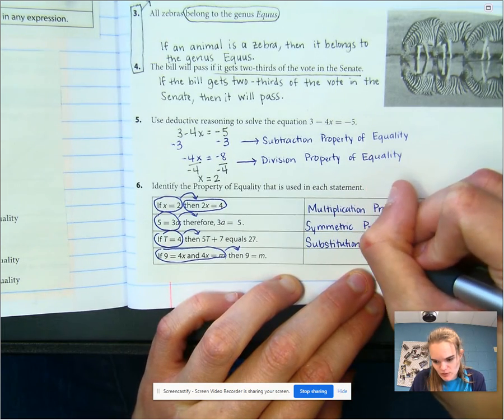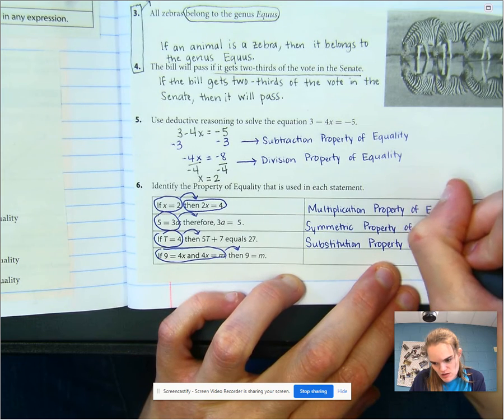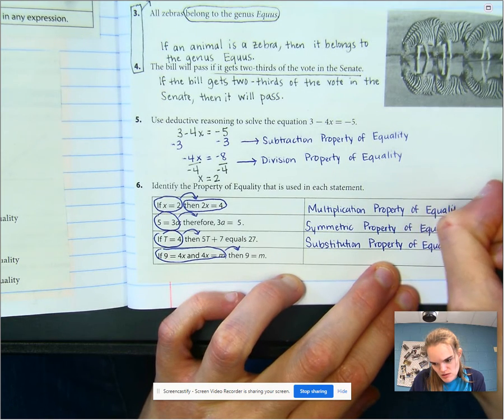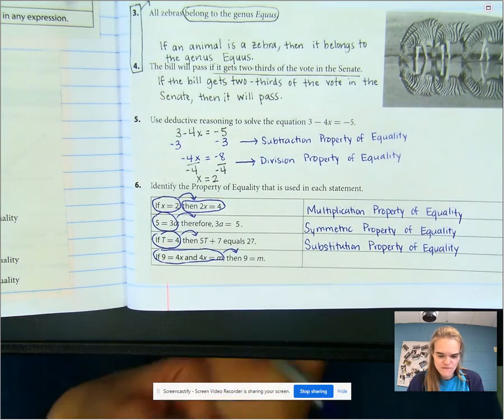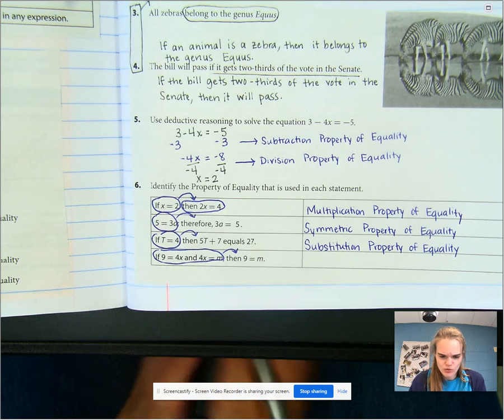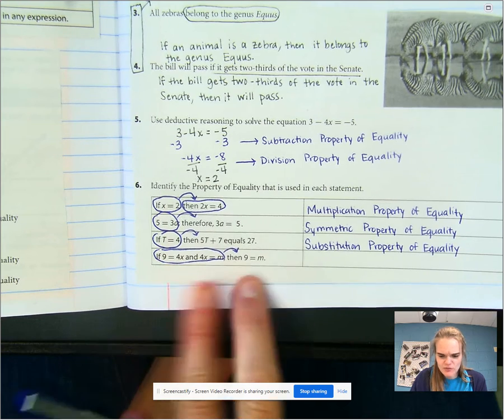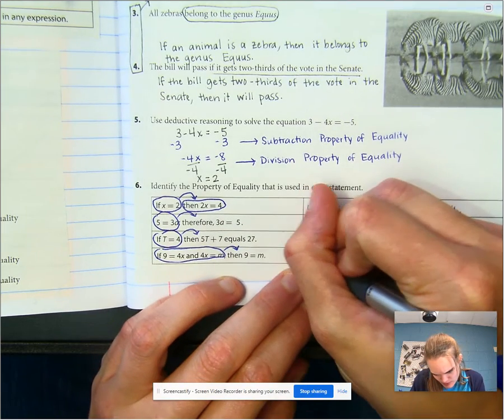Substitution property of equality. Okay. Next, if 9 equals 4x and 4x equals m, well then obviously the first and the last have to be equal. Which one is that one? That's the transitive property.